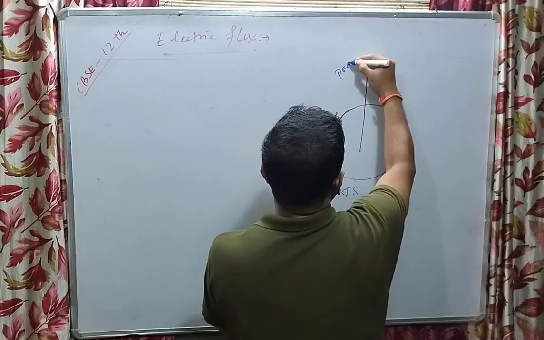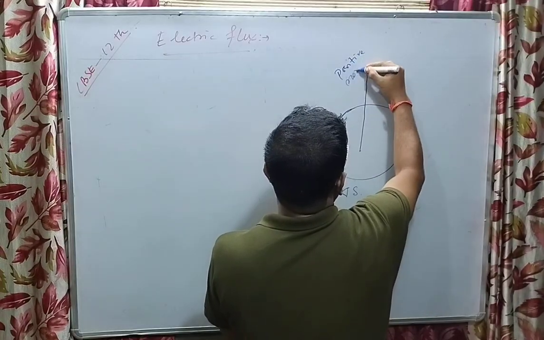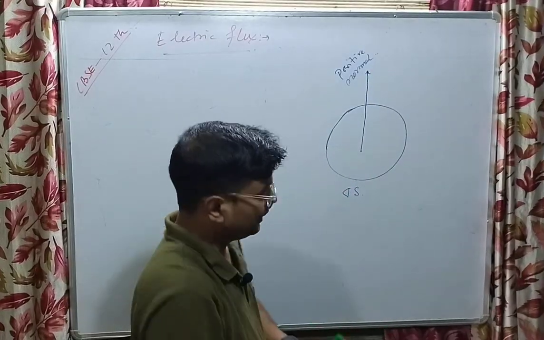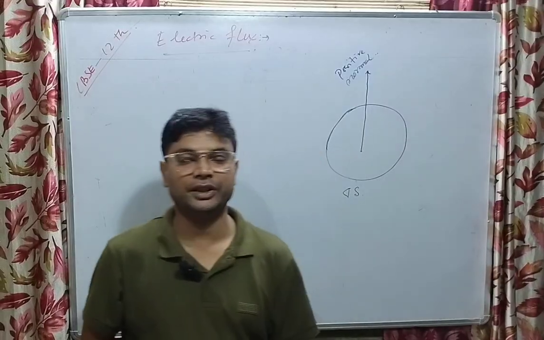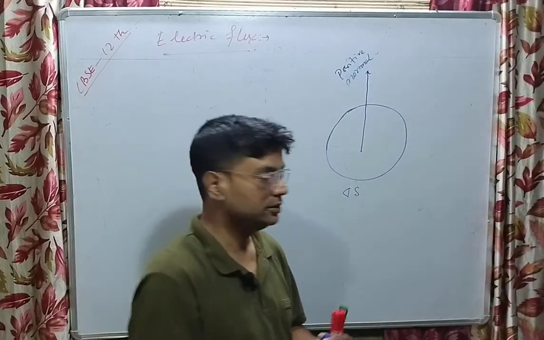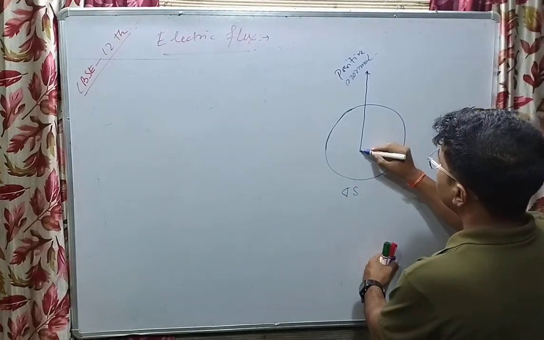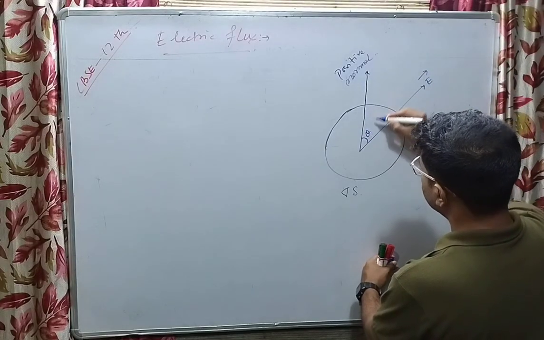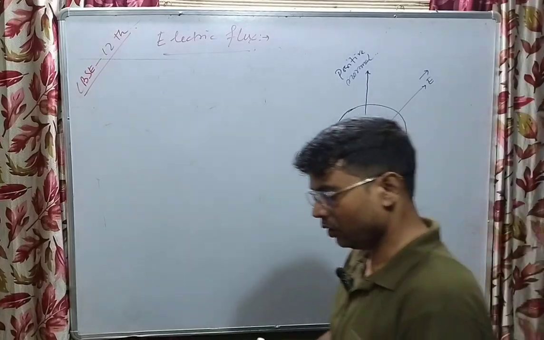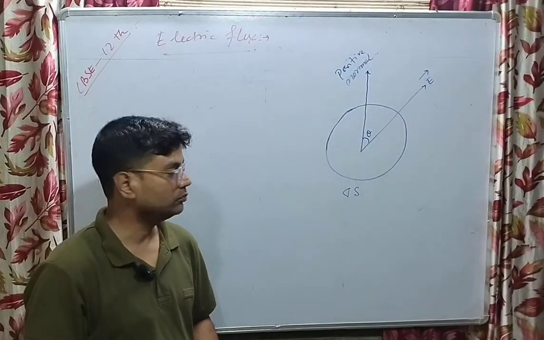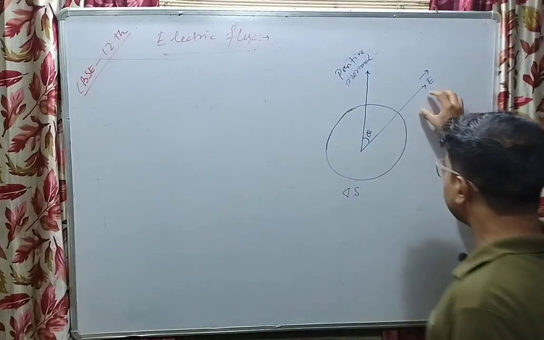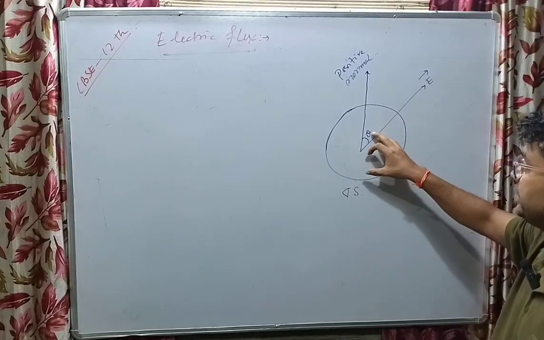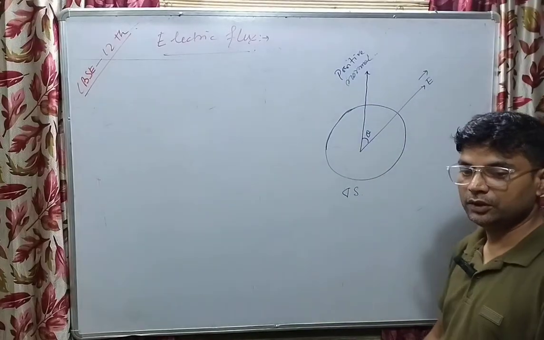Here is the positive normal, and here is an electric field. The electric field vector E makes an angle theta with the positive normal.